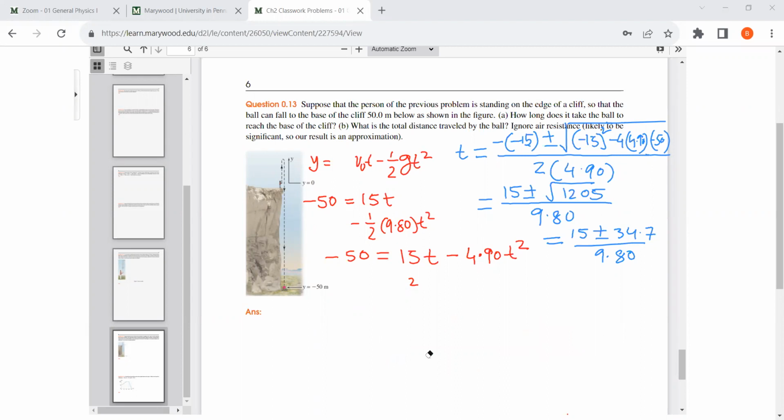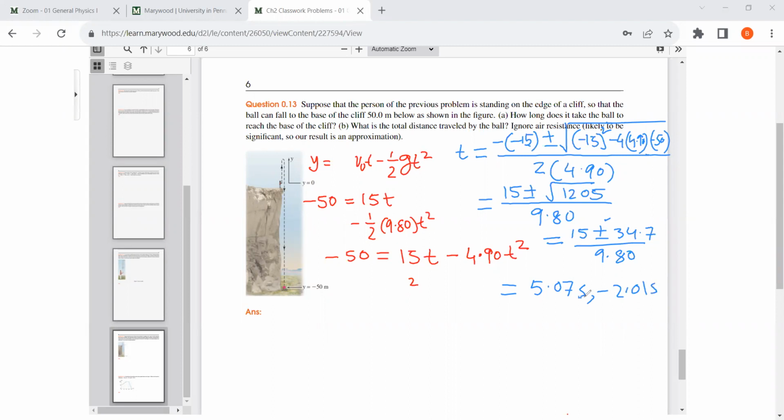So the two solutions we get are something like this: 5.07 second for the positive sign, and for the negative sign we get minus 2.01 second.